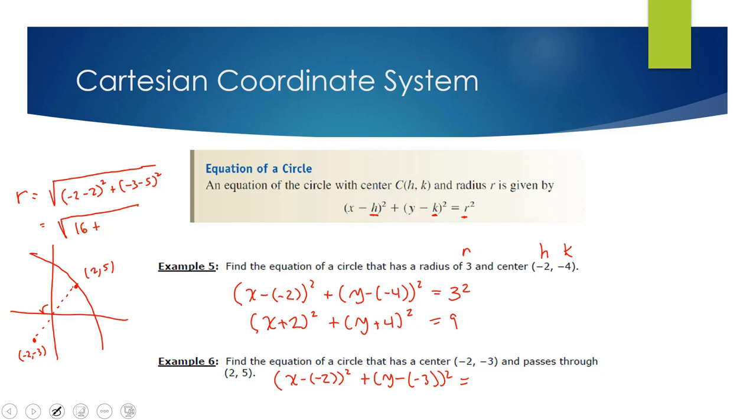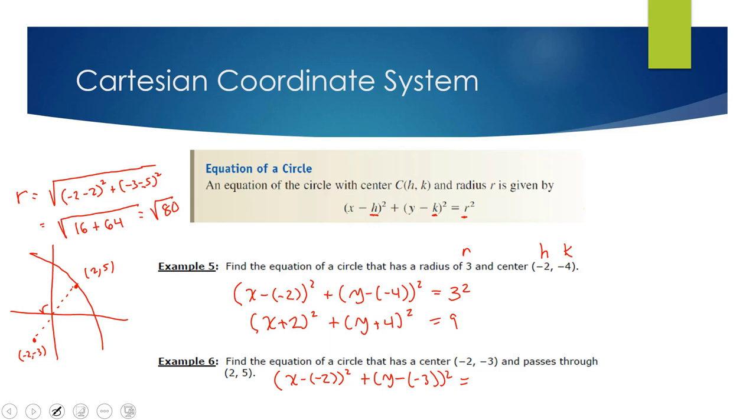I'm going to have negative 3 minus 5 is negative 8 squared is 64, which basically gives me the square root of 80. Not a perfect square, but here's the good part about it.